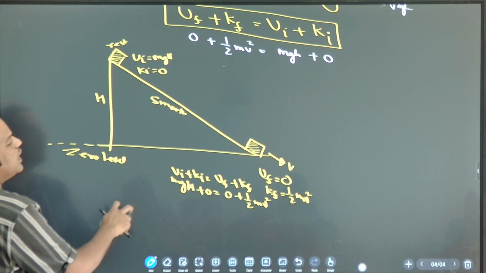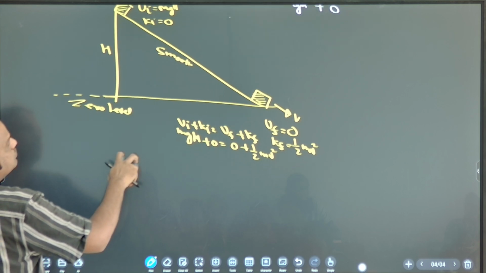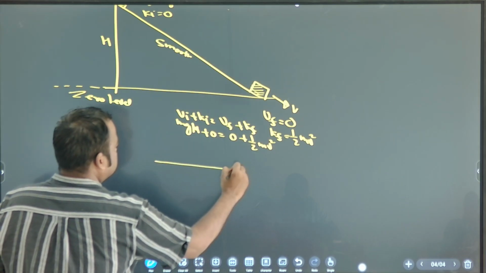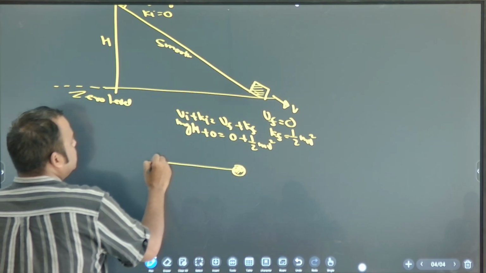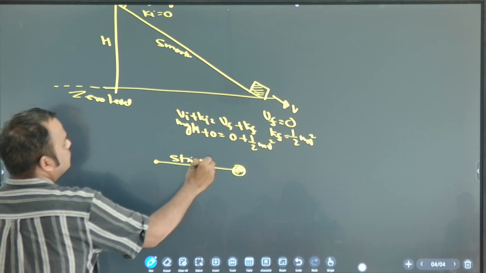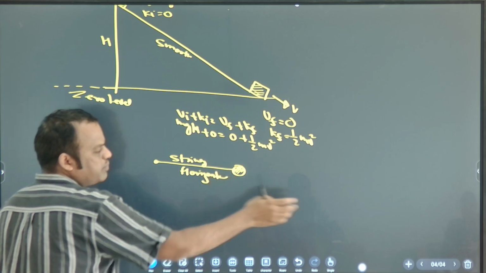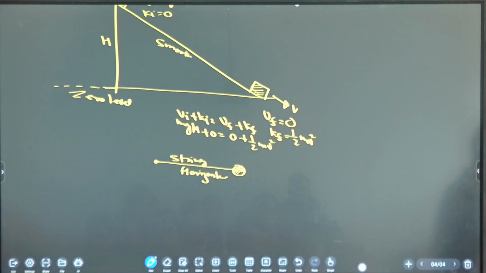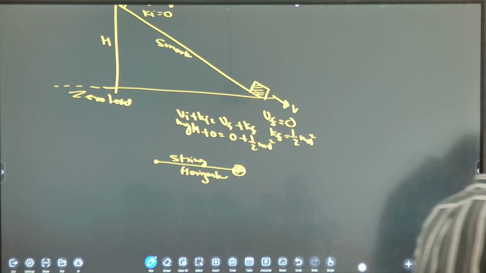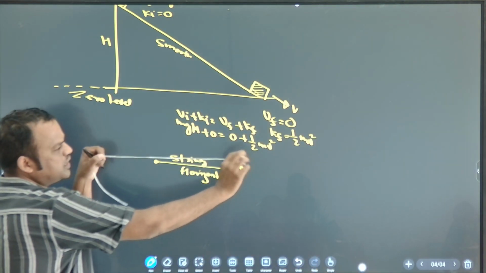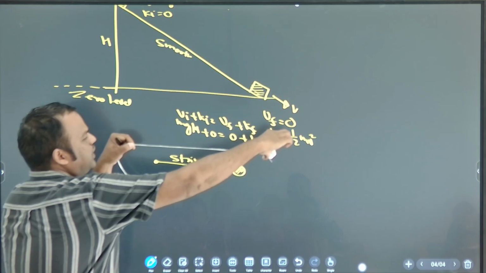Only see the height. Pendulum. Initially the string is horizontal. How is the string here? We have a pendulum here. Horizontal.